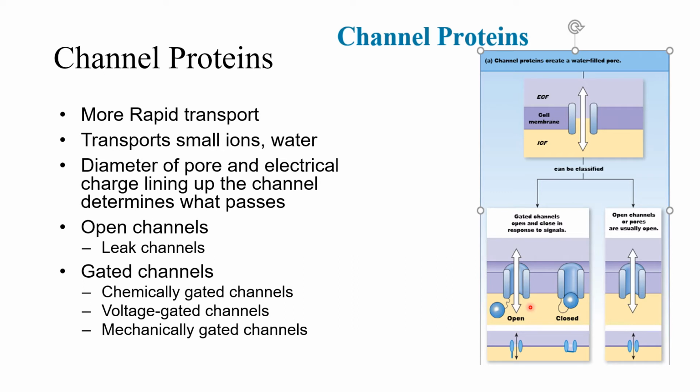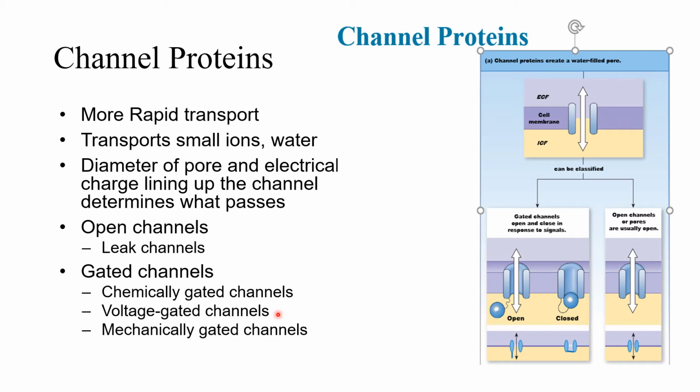Some of these gated channels, we refer to them as chemically gated channels because they will only open if the correct chemical or the correct substrate binds to that channel, forcing it to open. Some of them are known as voltage-gated channels, and those are only going to open if the electrical state inside of the cell becomes more negative, or if it becomes more positive.